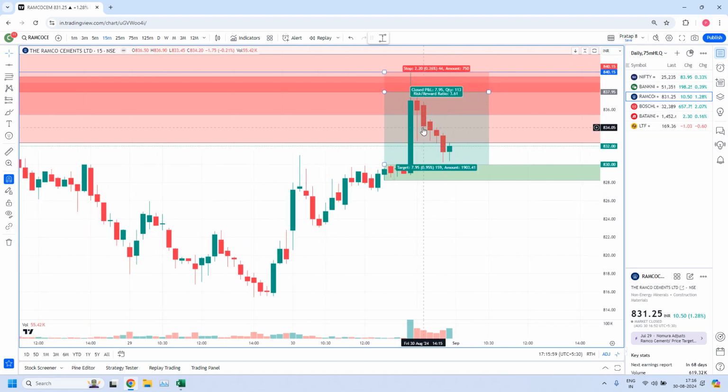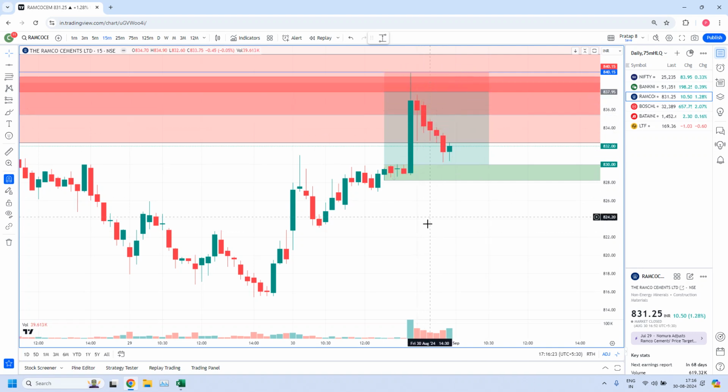And moreover, this zone is having 1:3.6 RR, from your entry point till the stop buffer. Suppose you had taken the entry exactly at this proximal line, and kept a little buffer before this, still you would have got 1:3.5 RR. So it's a very good RR.